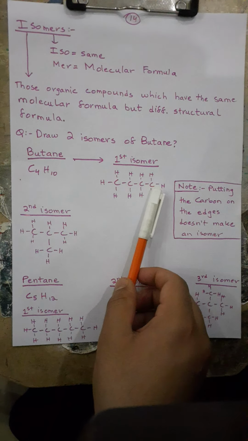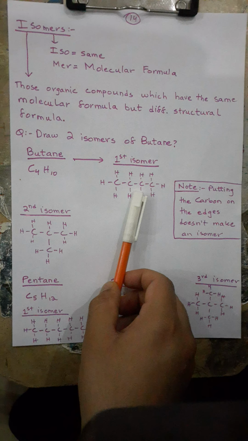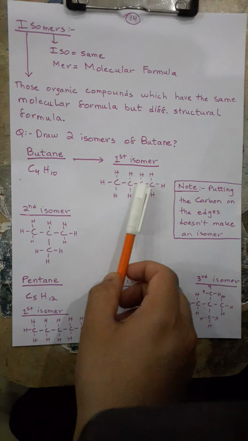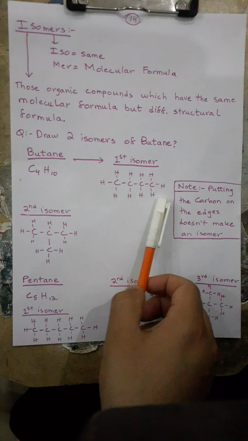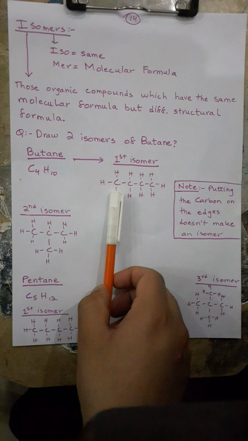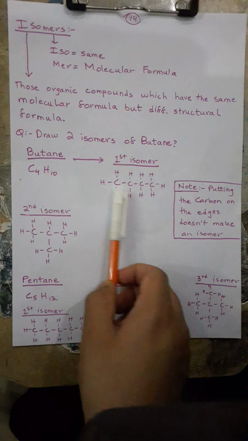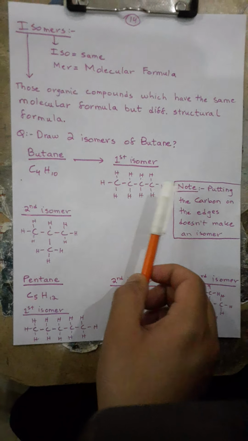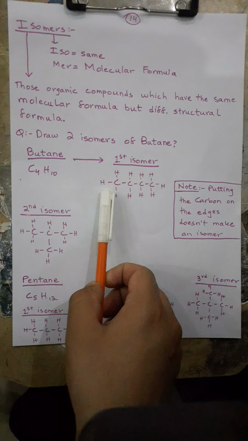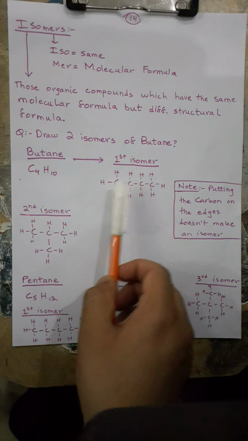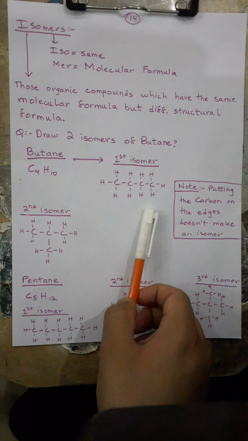Like if we take this carbon and put it on this carbon, then it will be on the edge, so it won't make an isomer. Or if we take this carbon and put it on this carbon, it won't make an isomer. Or we take this carbon and put it on this, no isomer.